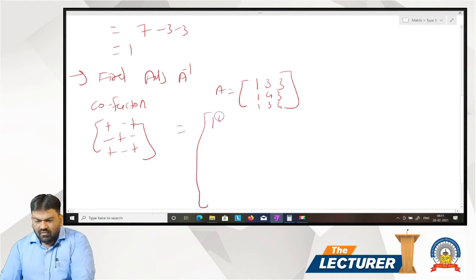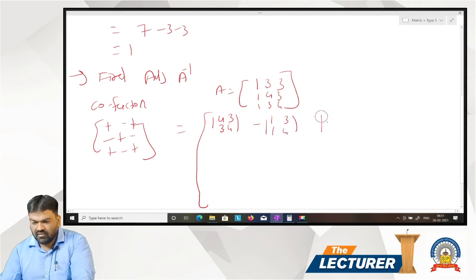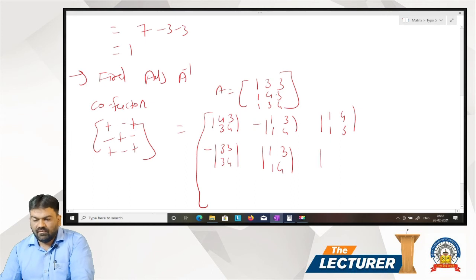Cofactor of 1: 4 3, 3 4. Minus cofactor of 3: 1 3, 1 4. Cofactor of 3: 1 4, 1 3.